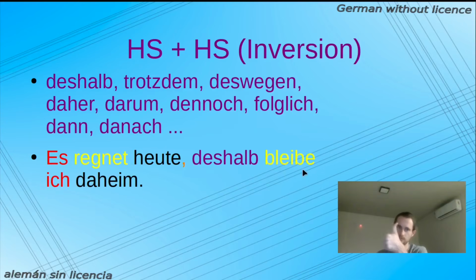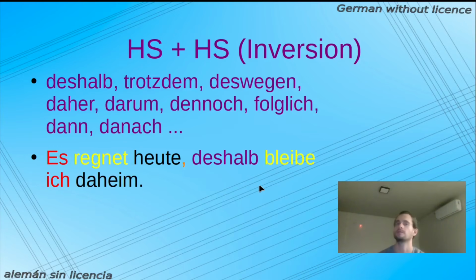That's why it's at the first position, conjugated verb. So it would be an error to say, es regnet heute, deshalb ich bleibe daheim. No, you have to apply the inversion in the second main clause, starting with the conjugated verb. Es regnet heute, deshalb bleibe ich daheim. Okay, so this would be the third group.